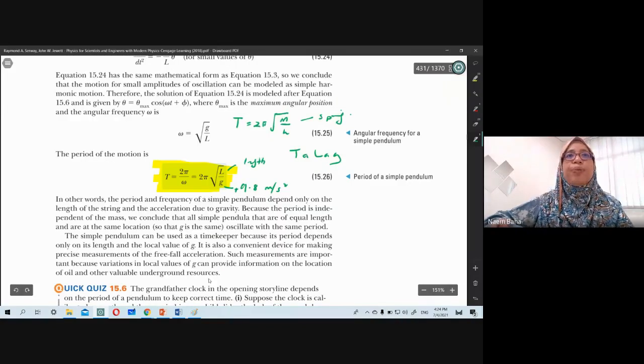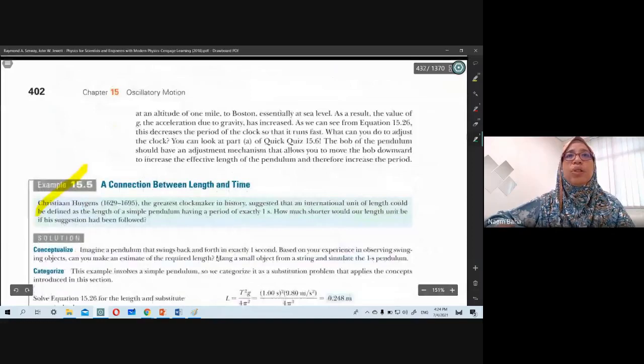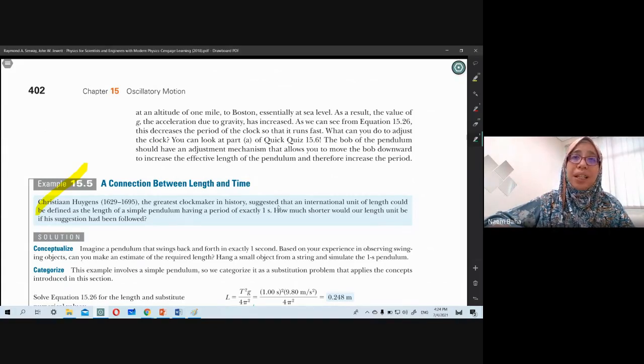Let's look at this example. Very simple. Huygens, the greatest clockmaker in history, suggested that the international unit of length could be defined as the length of a simple pendulum having a period of exactly 1 second.